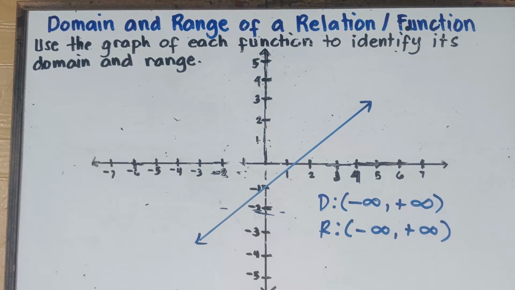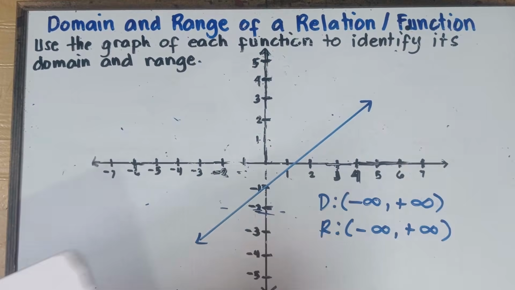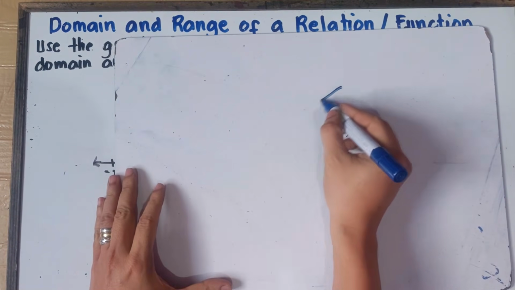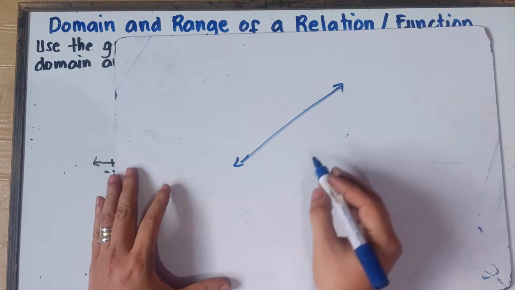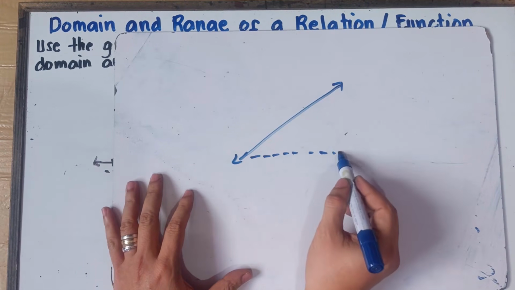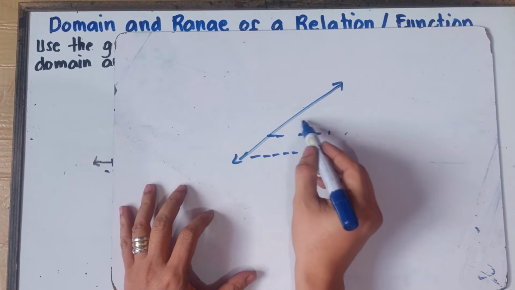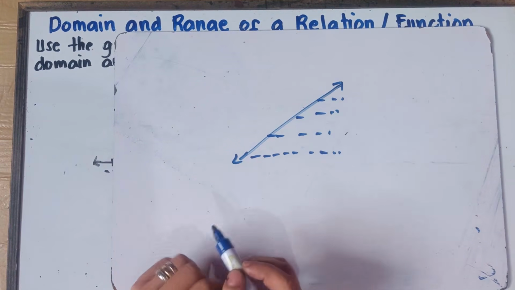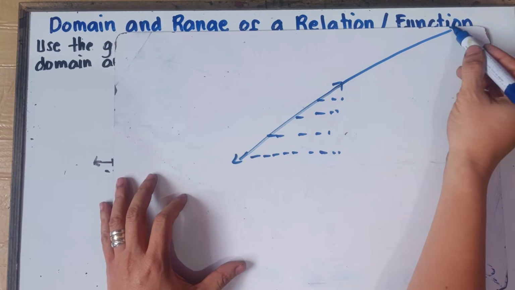Because all of the numbers, let me just draw it again for you not to be confused. This one right here, if this is an arrow, of course we know this is the horizontal distance, right? The domain, horizontal distance. Now, since this is an arrow, it will extend infinitely.